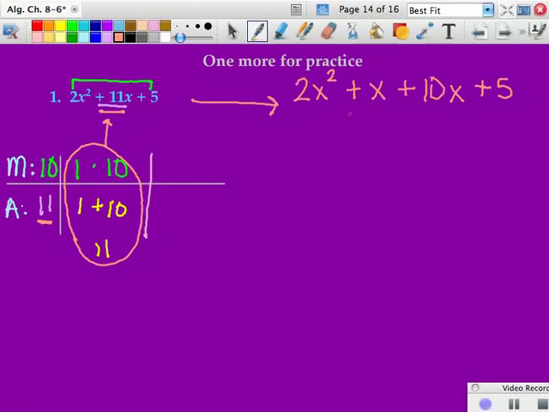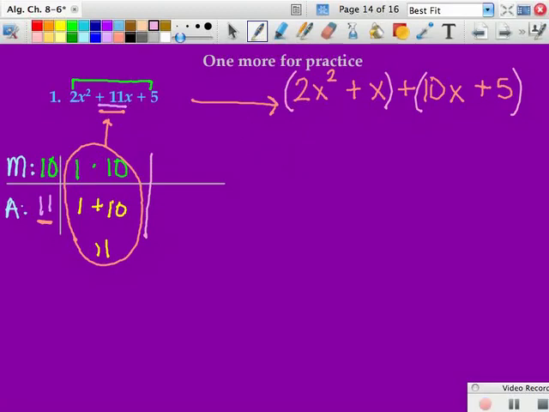You know this stuff. Group. Okay? The reason I grouped like that is because this number is already 10. It's already positive, so that plus sign is in between. Now take out your GCF. When you do that, we have x, and then what's left over is 2x plus 1.